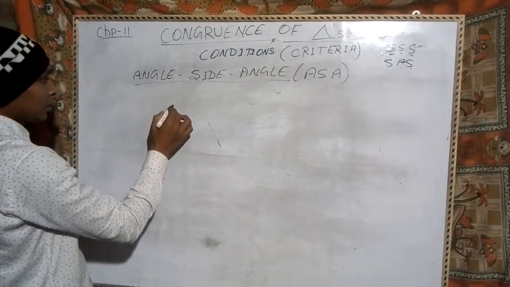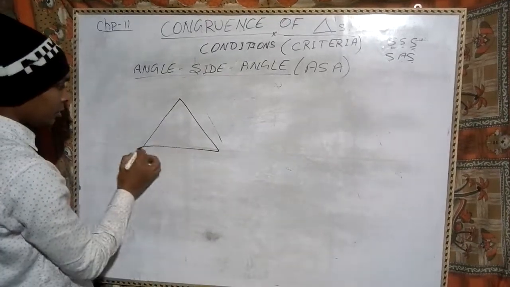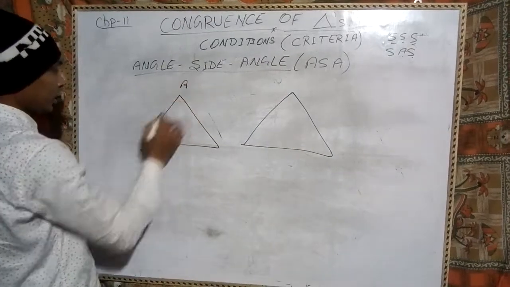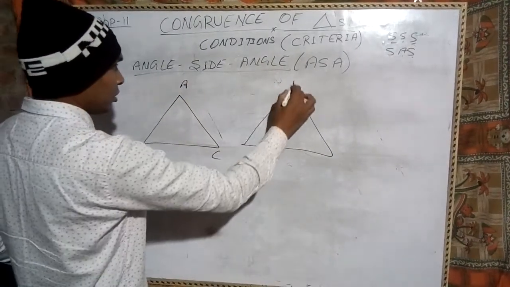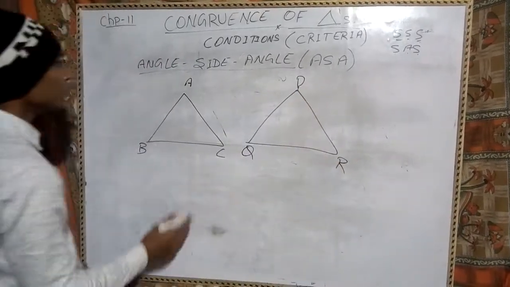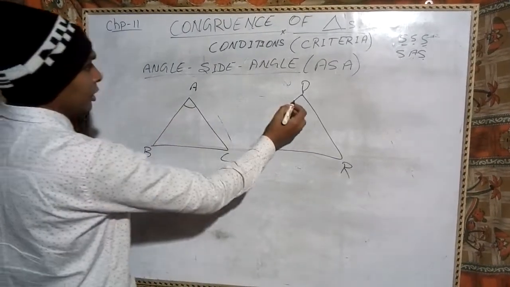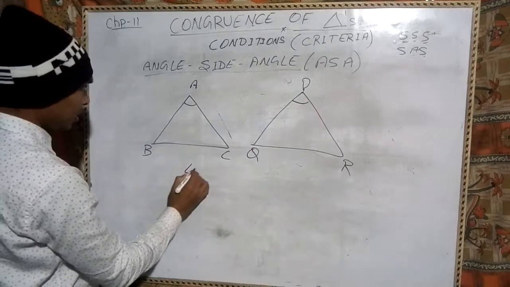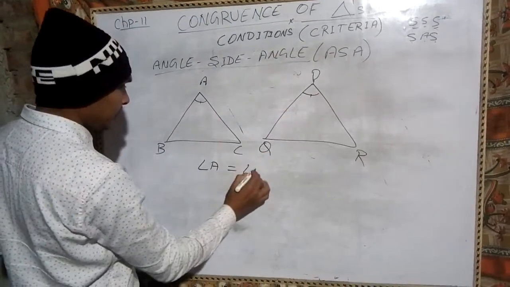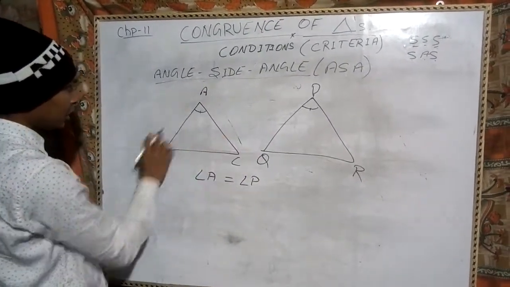ASA means, here again common vertex, say A, B, C, P, Q, R. Okay, angle, say this angle, here this angle, means angle A equal to and similar to angle P. Side, say this side or this side.